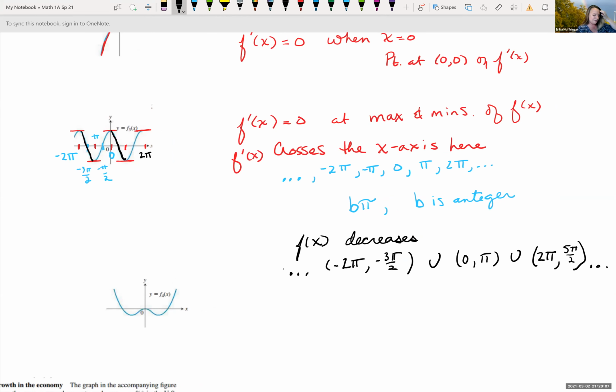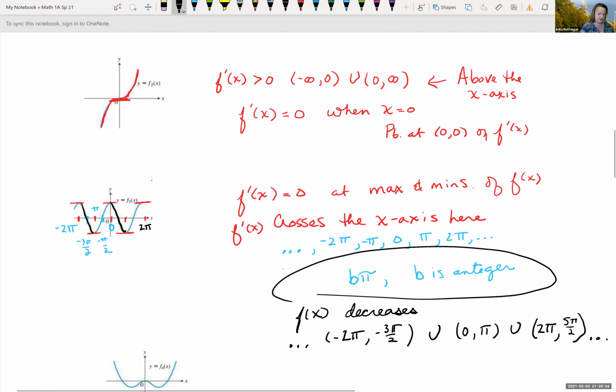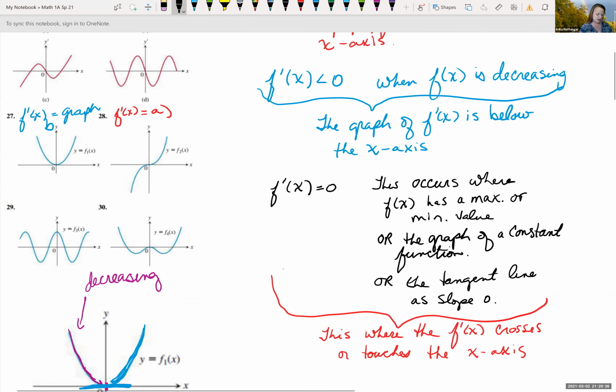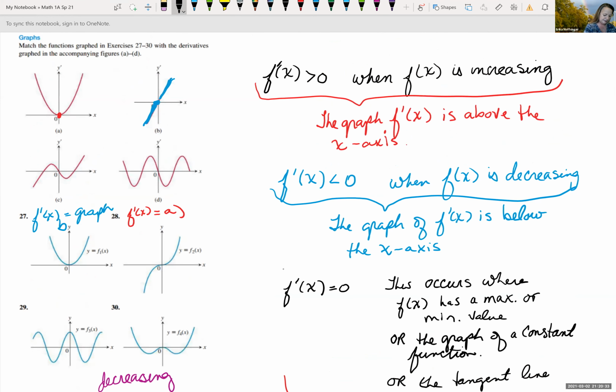Okay, so can we just go back and look at the graphs, and we know that it's increasing in the other spots, and see if we have things that are going through the x-axis at multiple places, and are decreasing. So if I go back up here, places where it's going through multiple places are here.